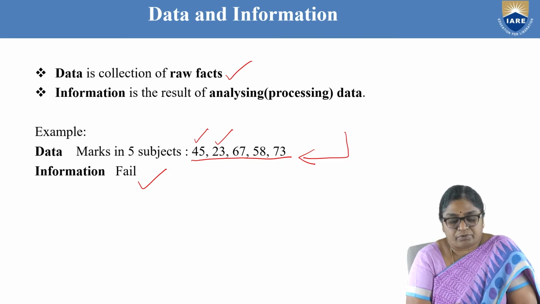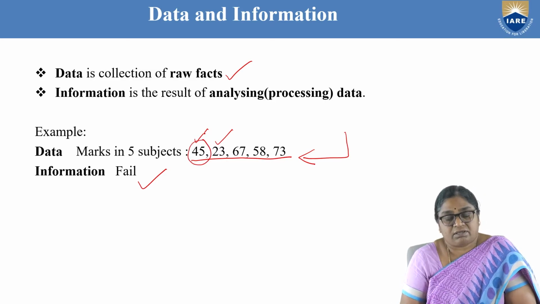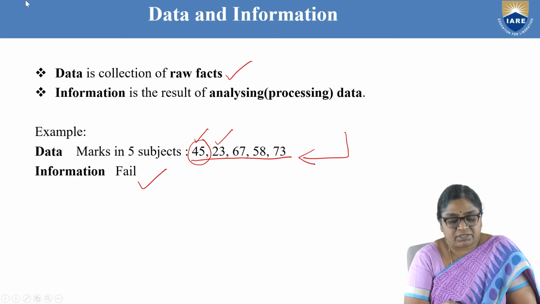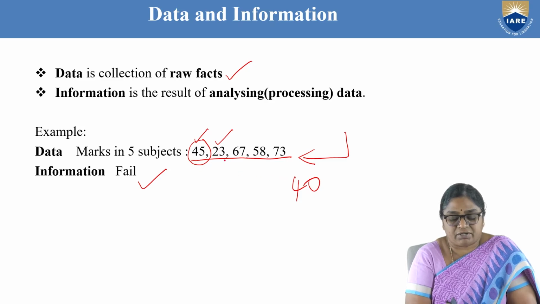So here, to process the data, we will check the marks obtained in each subject against the minimum marks criteria. The minimum marks in each subject should be 40. The marks obtained in first subject is 45, which is more than 40, and the marks obtained in second subject is 23.